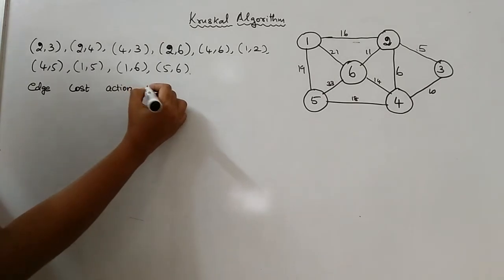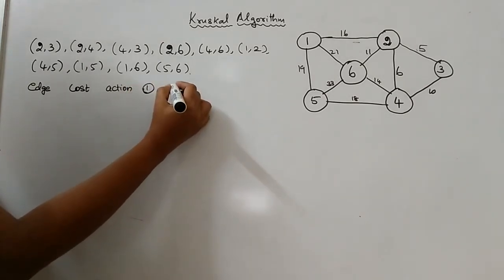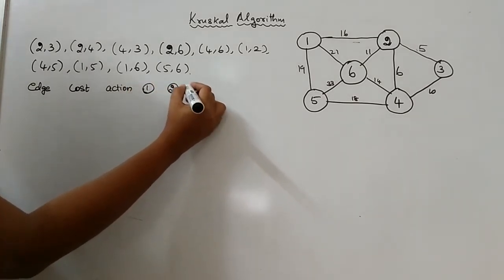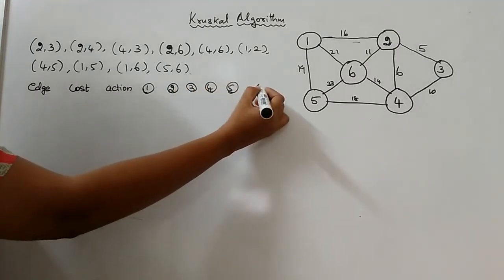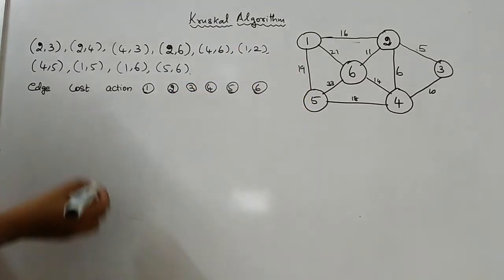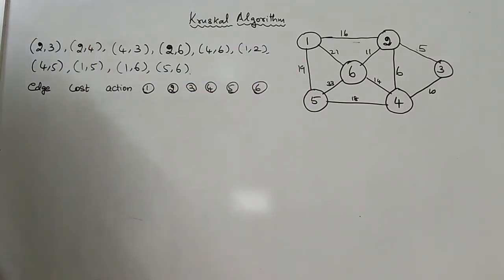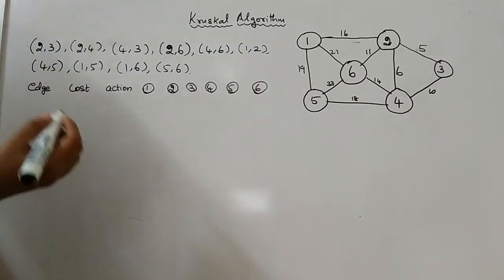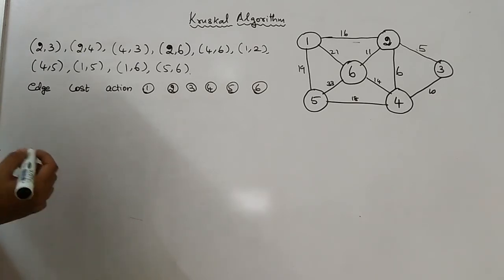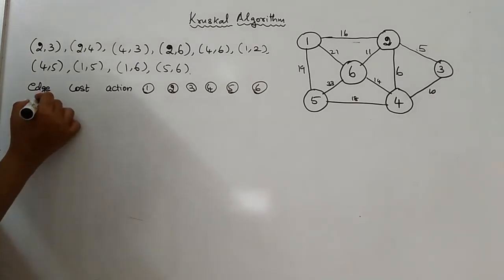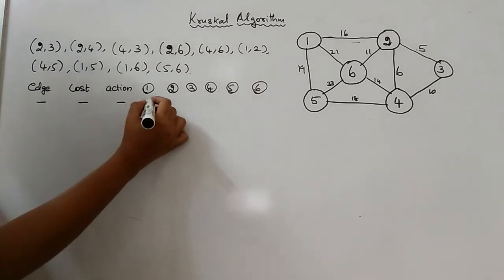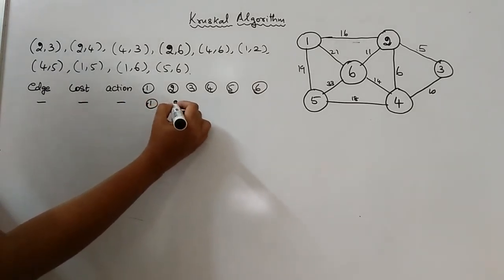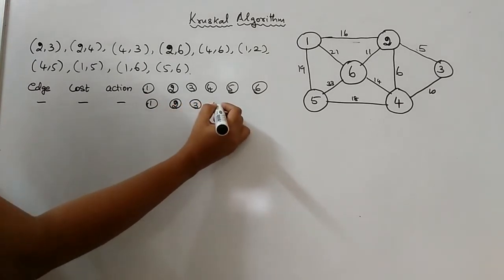Then I have to write the vertices here, 1 2 3 4 5 6. So 6 vertices are here. Initially there is no edge, no cost, and the action is also null.